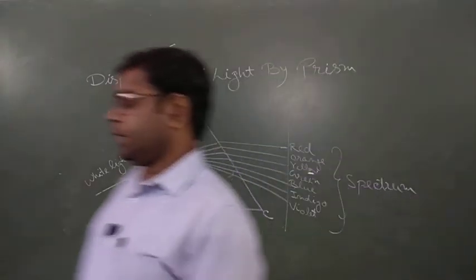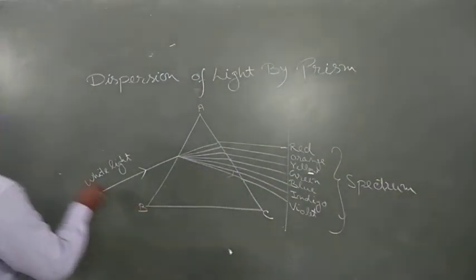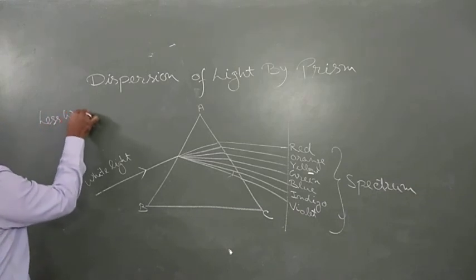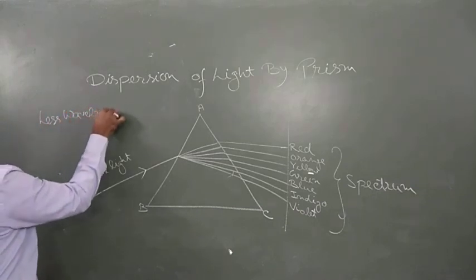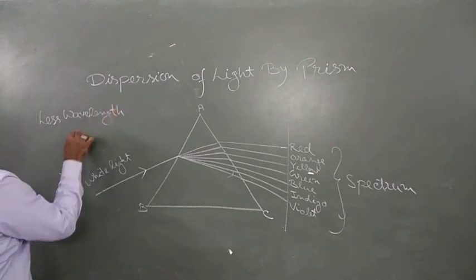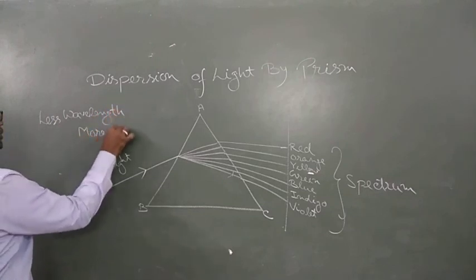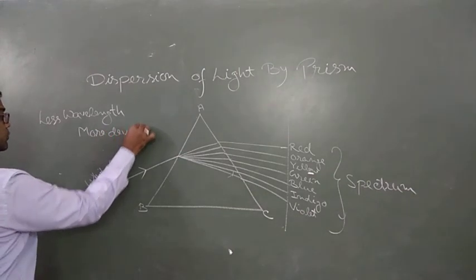Less wavelength, let me write this one. Less wavelength, more deviation. This one means it's inversely proportional.